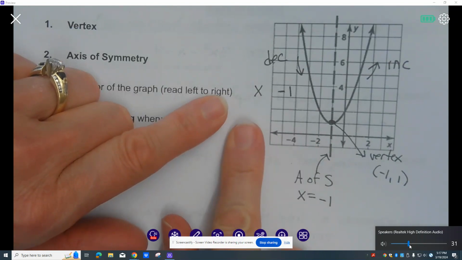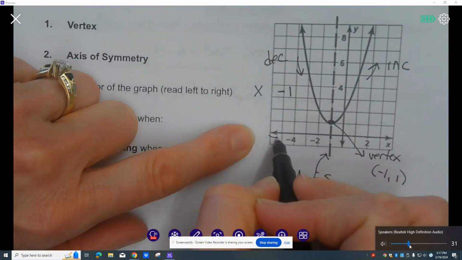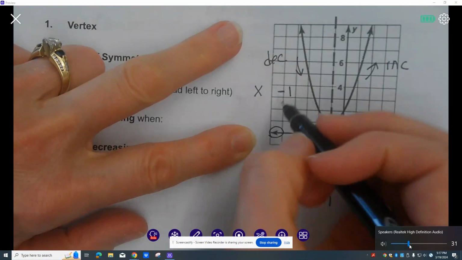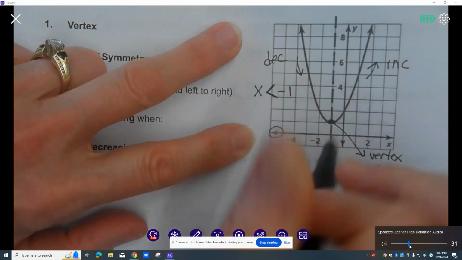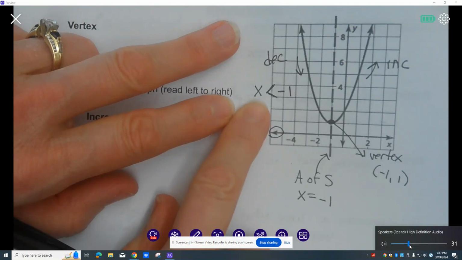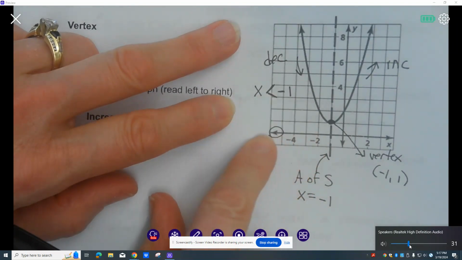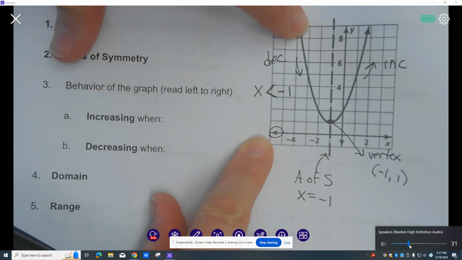Here's the middle. I'm on the left side of the middle. Notice this arrow is pointing to the left because I'm on the left side. So write your inequality pointing in the same direction. So this says for all x values less than -1, that would be all of these, my parabola is decreasing.